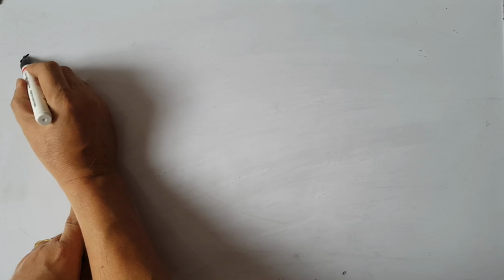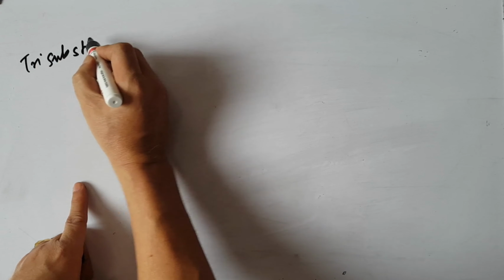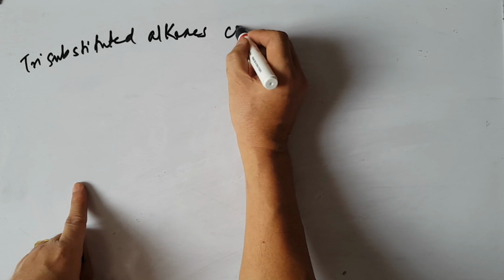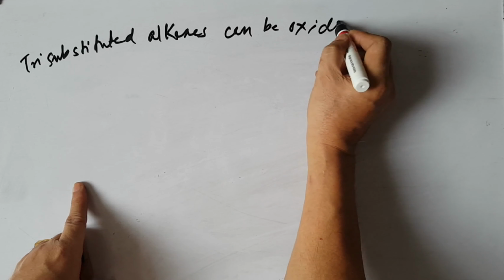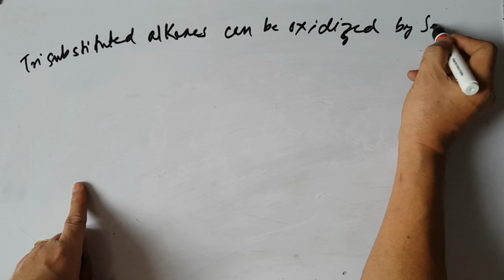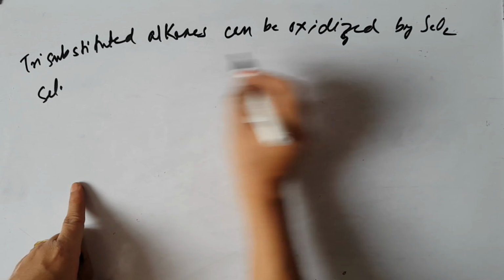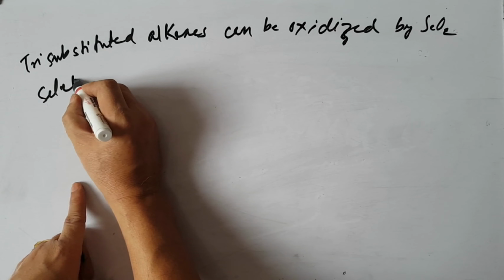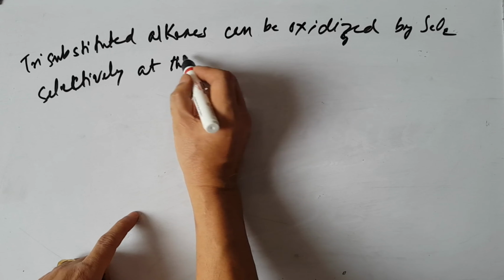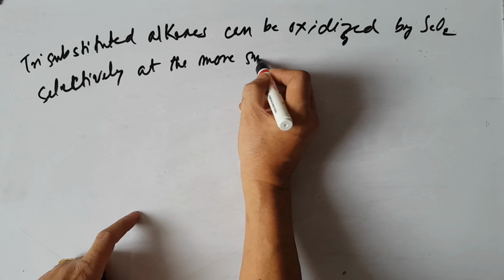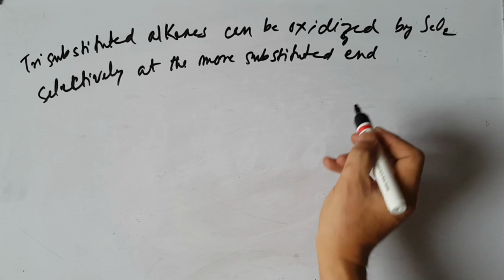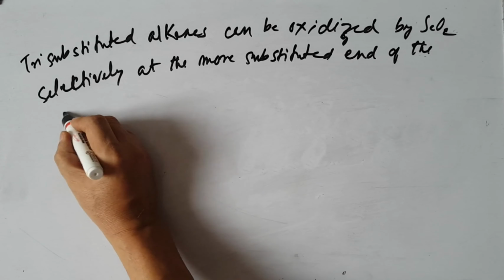So I write down: tri-substituted alkenes, the olefinic compounds, can be oxidized by selenium dioxide selectively at the more substituted end of the carbon double bond.